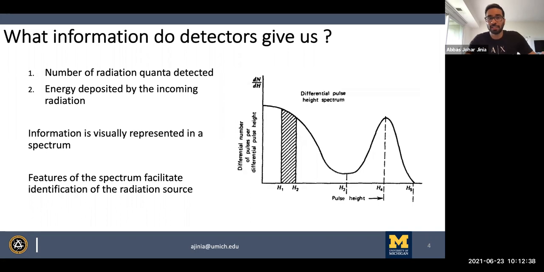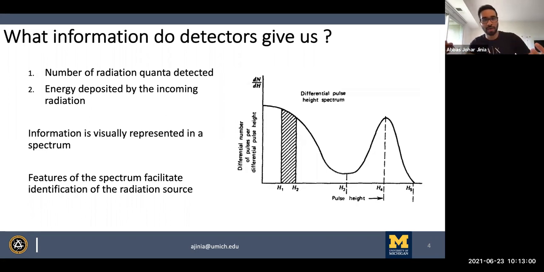Energy information is very important in nuclear non-proliferation and safeguard applications because with the energy information, one can construct the energy spectrum. We can think of the energy spectrum as a fingerprint of a radioactive source.